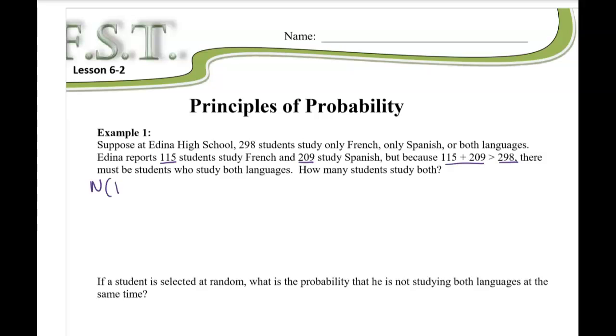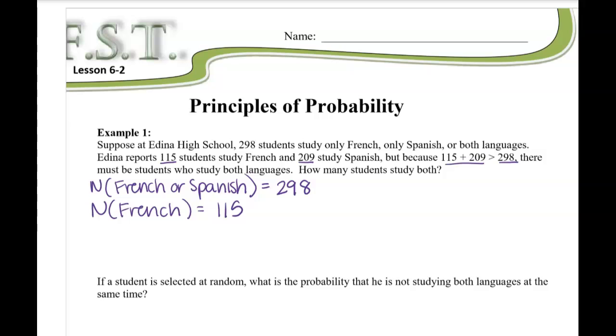So the number of French or Spanish is 298. Again, or is like the whole Venn diagram, everybody we're looking at. The number of French is 115. The number of Spanish is 209.